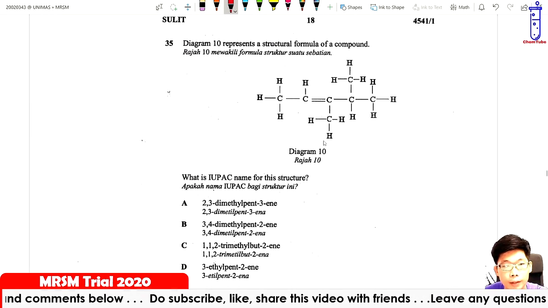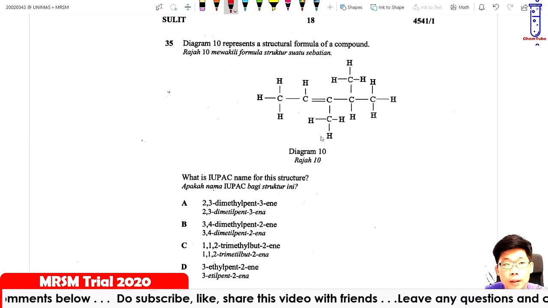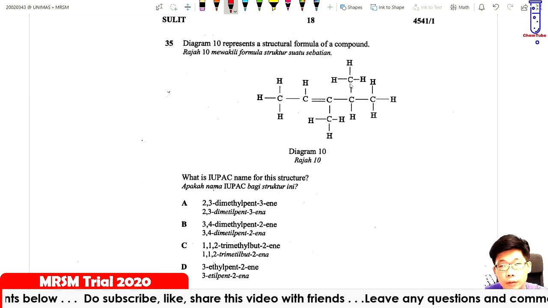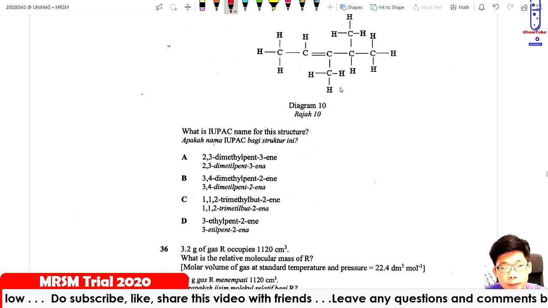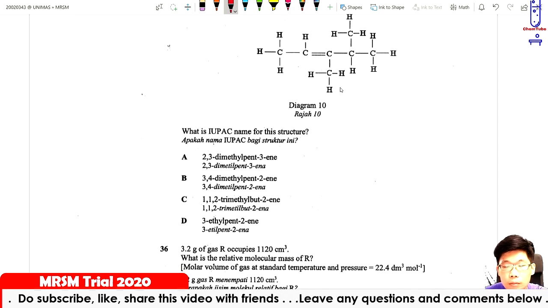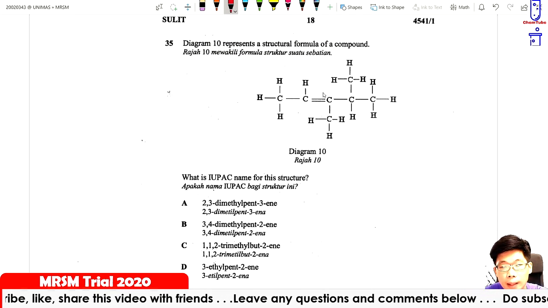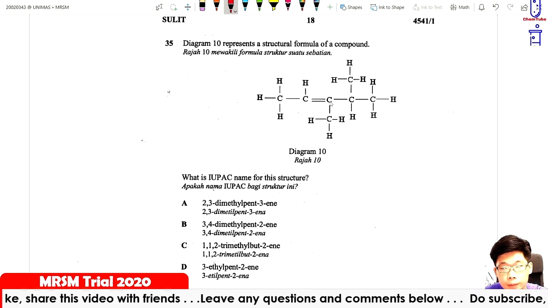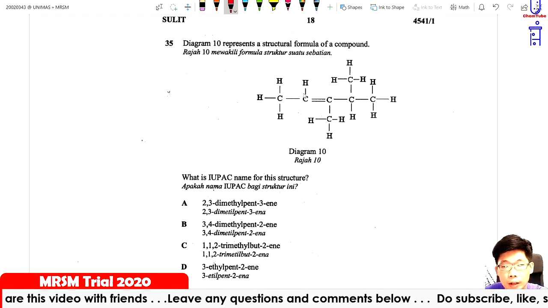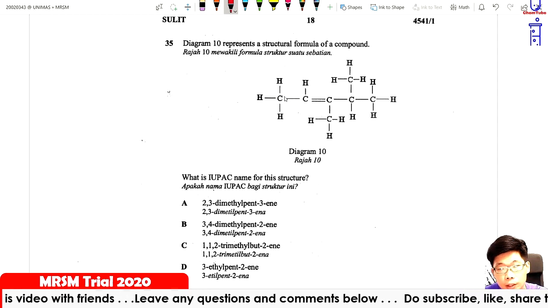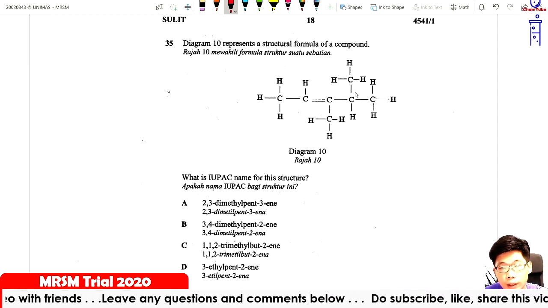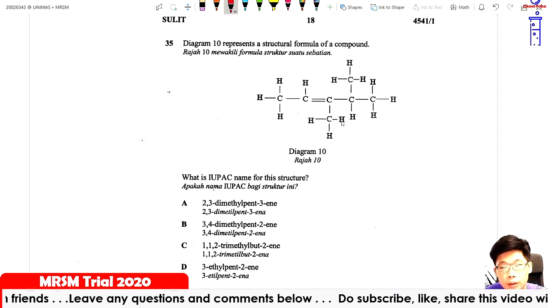Okay, 35. The diagram shows the structure of a compound. What is the IUPAC name for the structure? Here you will observe a carbon-carbon double bond, so it's an alkene. We try to count first: 1, 2, 3, 4, 5, and 1, 2, 3, 4, 5. The same.